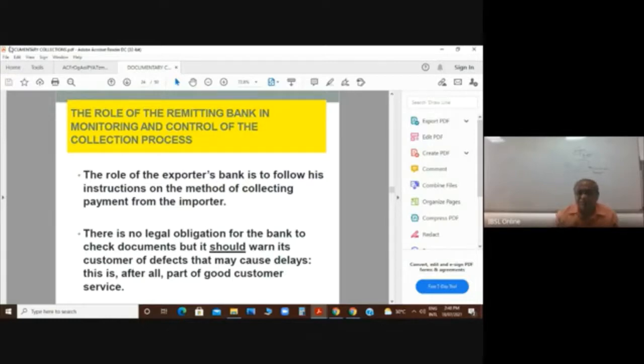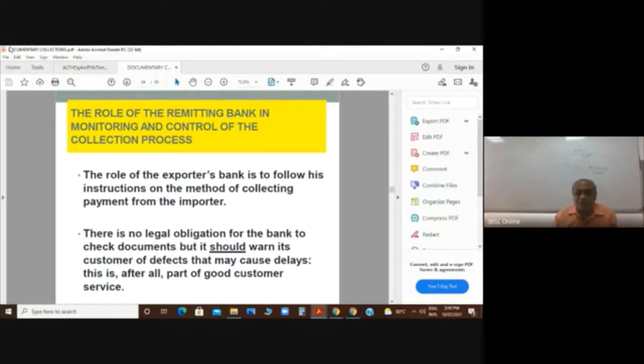Because he has to collect the payment from the importer, right? There is no legal obligation for the bank to check documents. Under collection, there's no legal obligation for the bank to check documents, but it should warn its customer of defects that may cause delays. Right?